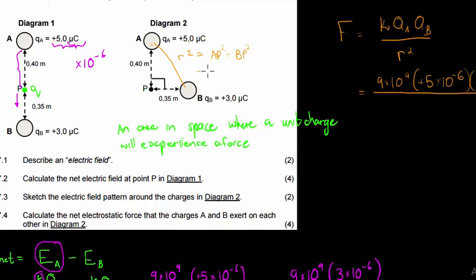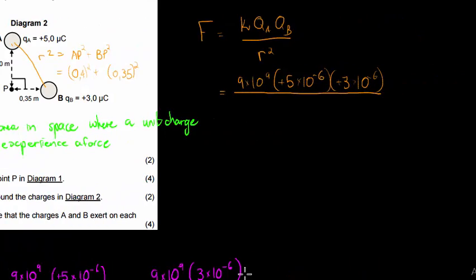And so when I calculate that, that's 0,4 squared plus 0,35 squared. And I don't need to take the square root. I'm not looking for the distance, I'm looking for the squared distance, so I don't need to take the square root there.